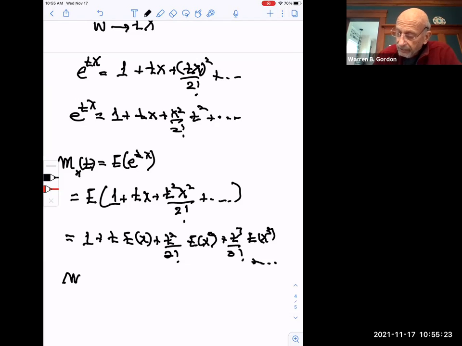Or m sub x of t is equal to 1 plus, now, this, of course, is mu. This is mu2. The next one will be mu3, the third moment.